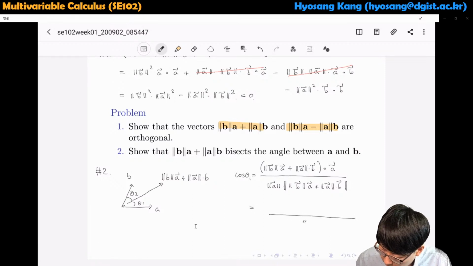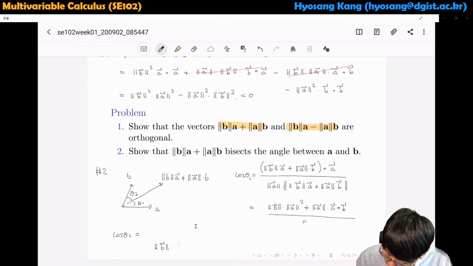The denominator, and then B and A square and A and A dot B. How about cosine theta 2?